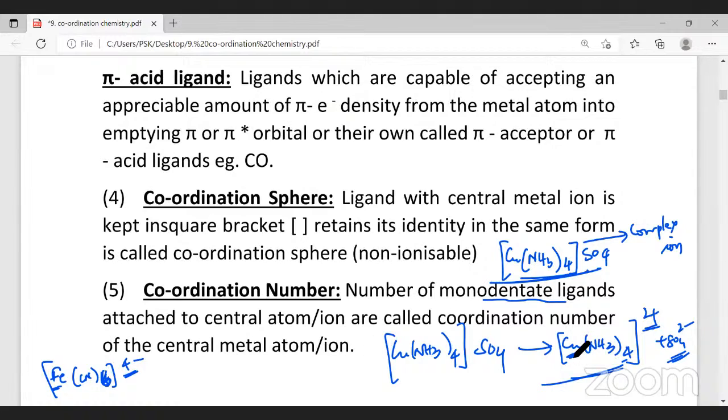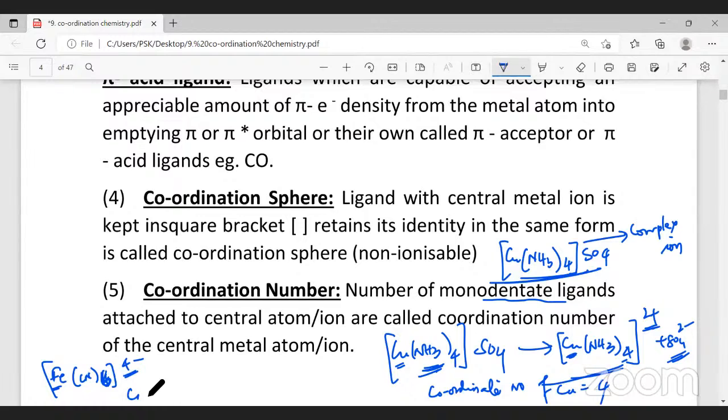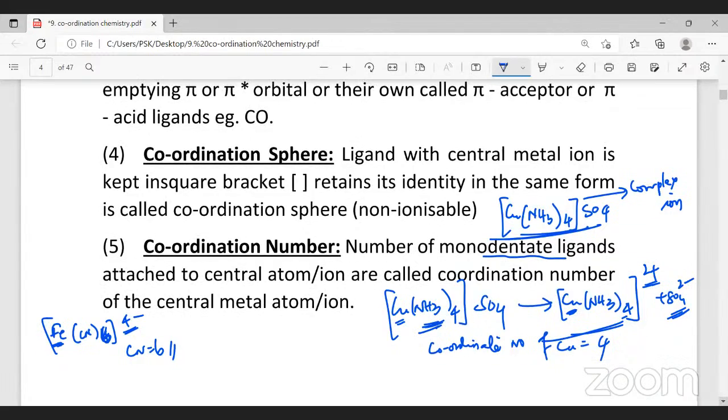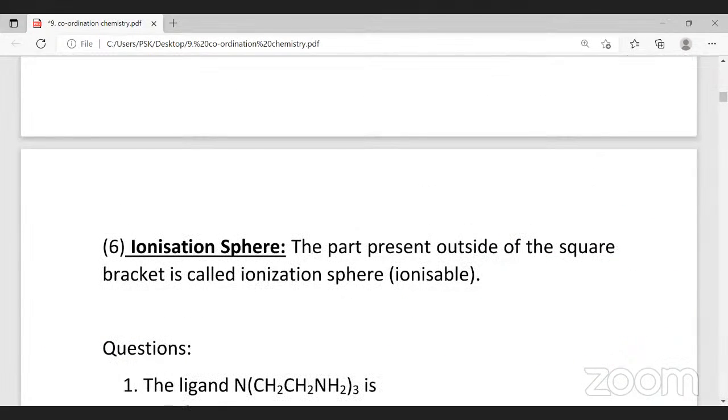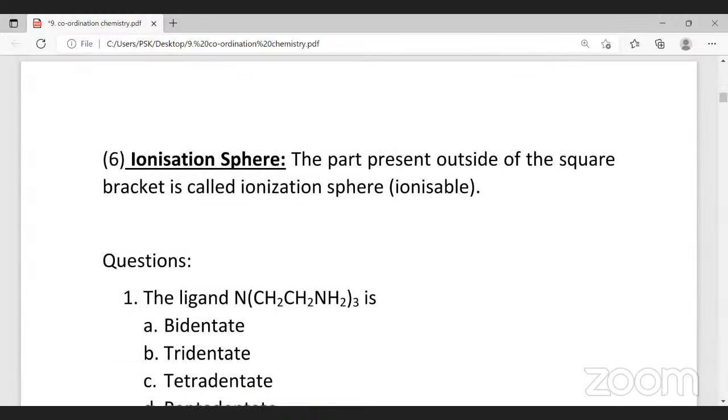Therefore, the coordination number of copper is 4. What is the coordination number of iron? Iron is the central metal atom, surrounded by 6 cyanide ions. Therefore, the coordination number of iron is 6. Are you following? Coordination number is defined as the number of monodentate ligands bonded to the central metal atom. Yes, sir.